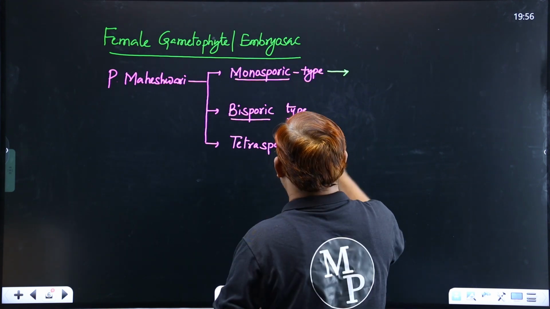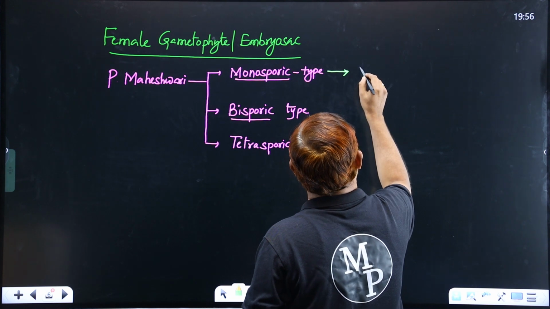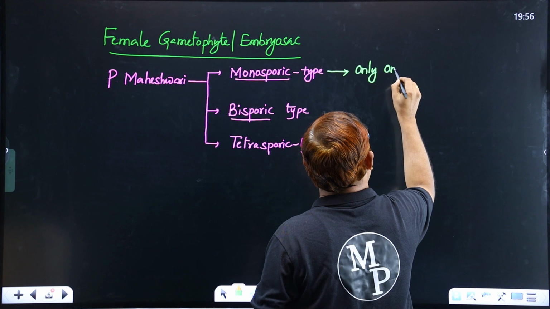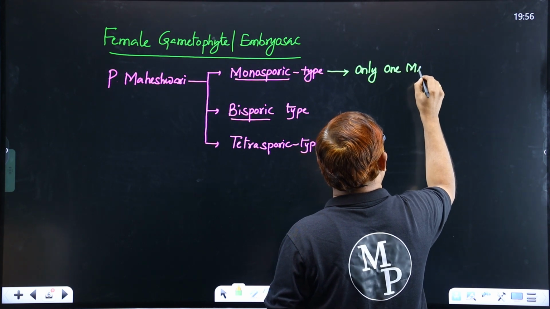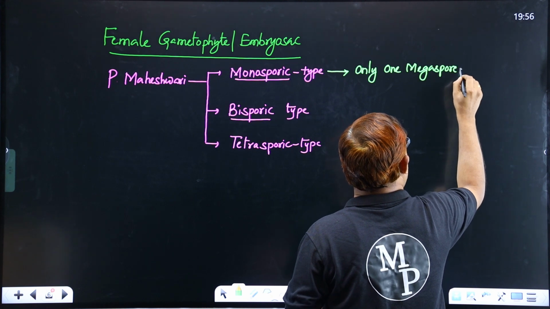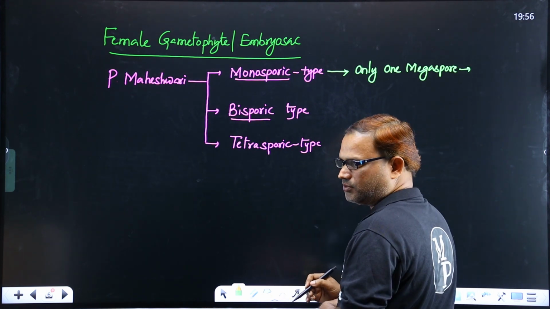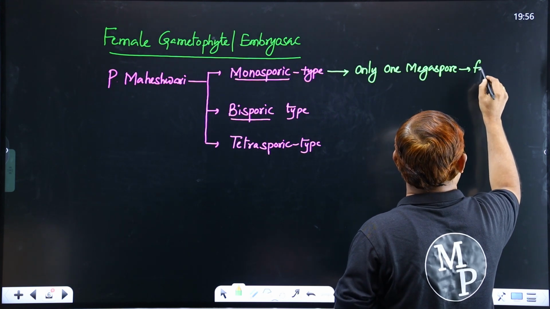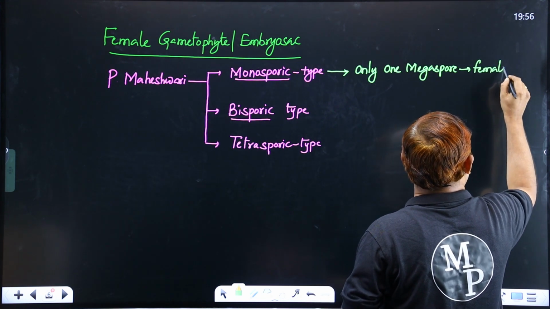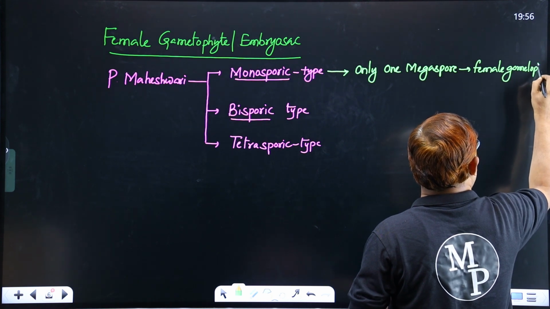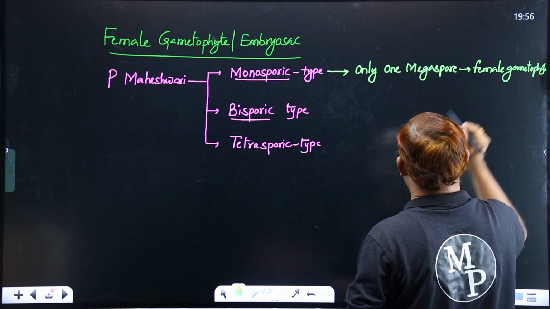Okay? So only one megaspore is involved in the formation of a female gametophyte. That is called the monosporic type.